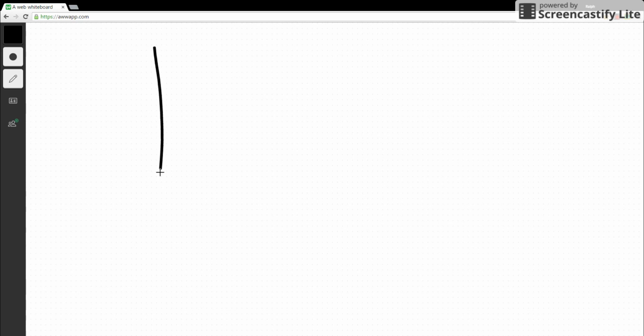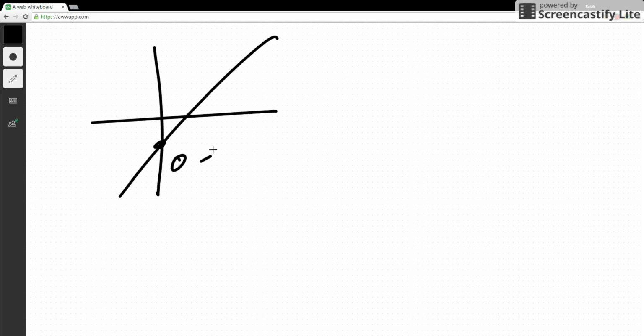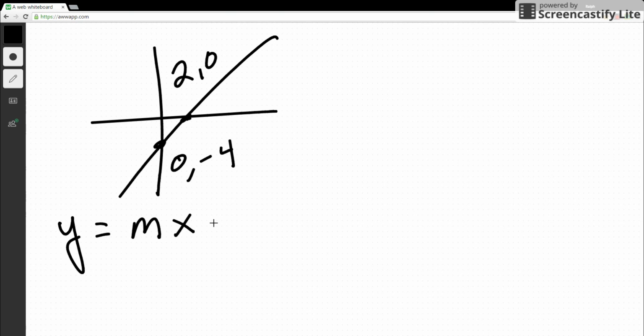Looking at the next equation, that's linear. It looks something like this. This one goes through the points 0, negative 4 and 2, 0. So if I use y equals mx plus b, I know my b is negative 4.